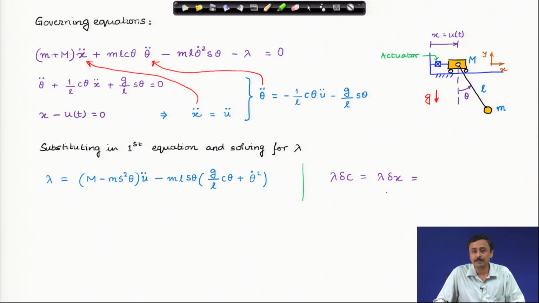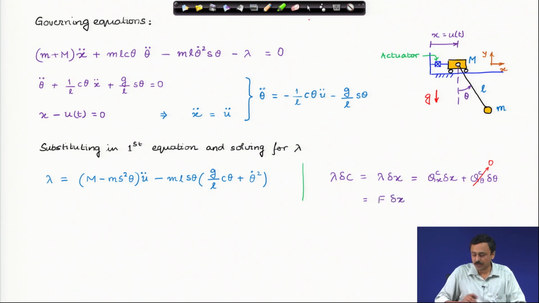Therefore, it becomes lambda times delta x, and that must be equal to the dot product of the generalized constraint forces and the variation of the coordinates. You will notice that from our problem there is only a delta x contribution. Therefore, our constraint force in the theta direction does not exist, it must be identically 0. What exists is only the constraint force corresponding to the x coordinate, which is the displacement of the cart.